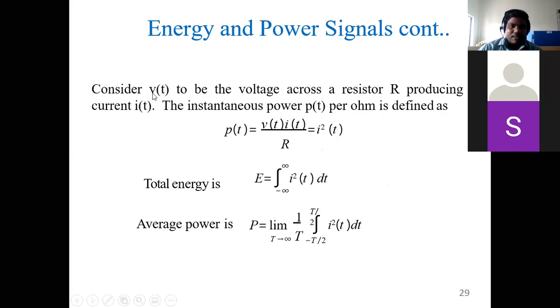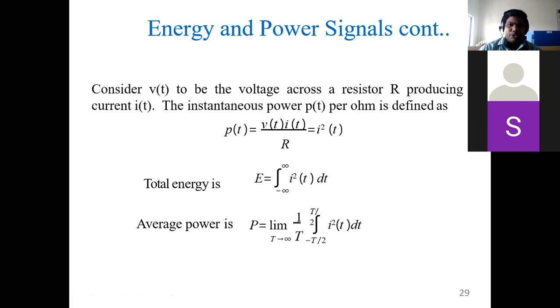The signal varies with respect to time, which is the voltage across a resistor R, producing the current I of t. So whenever there is voltage across resistor R, some current is available, that is nothing but I of t. So the instantaneous power P of t per ohm is defined as follows.